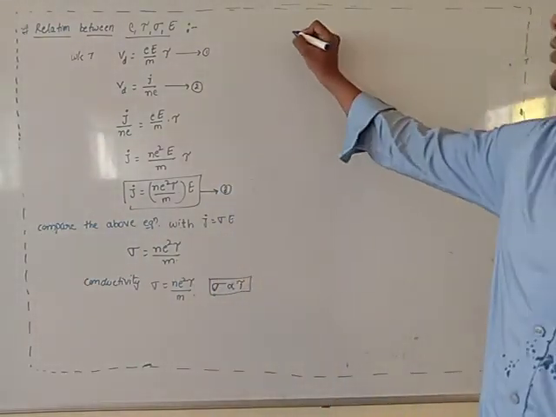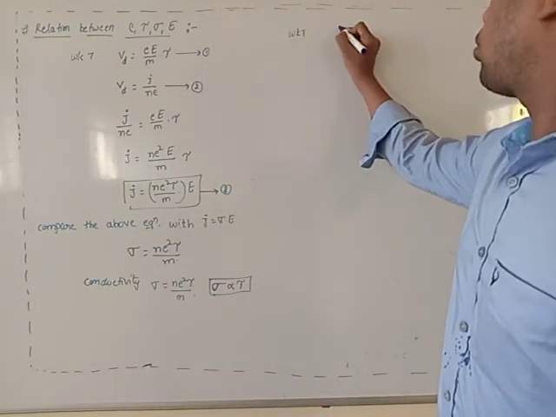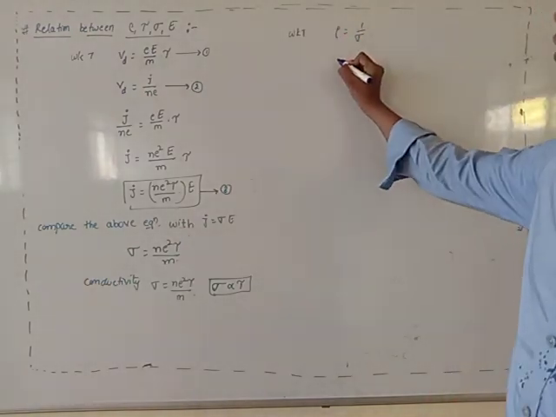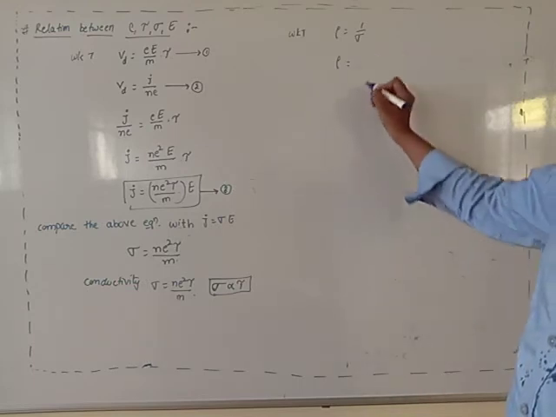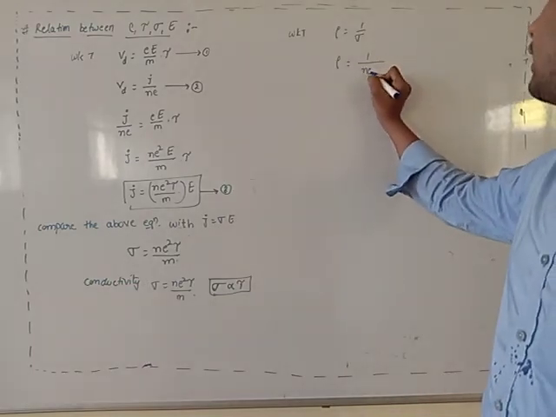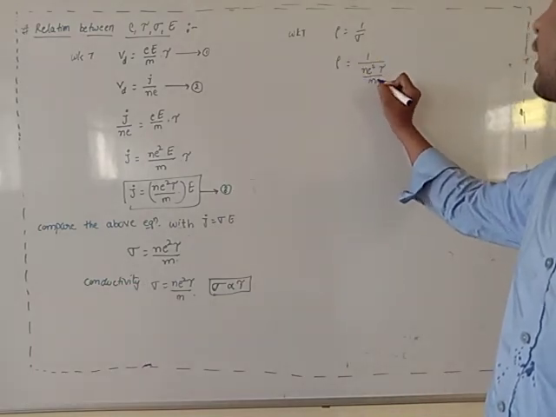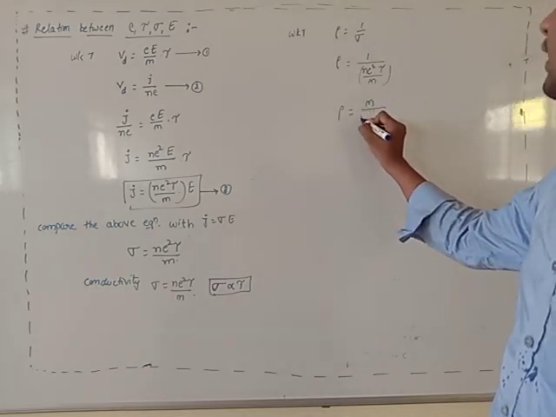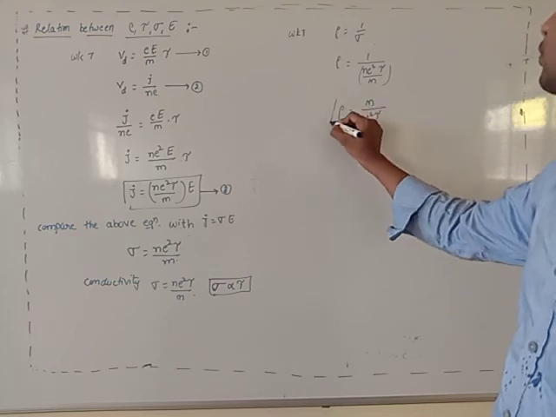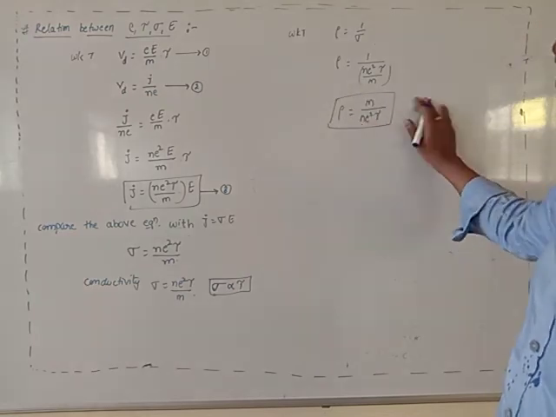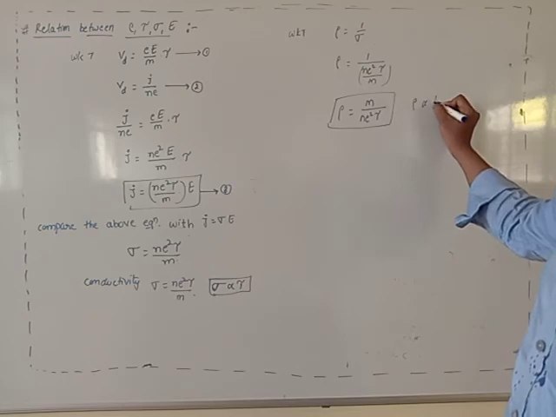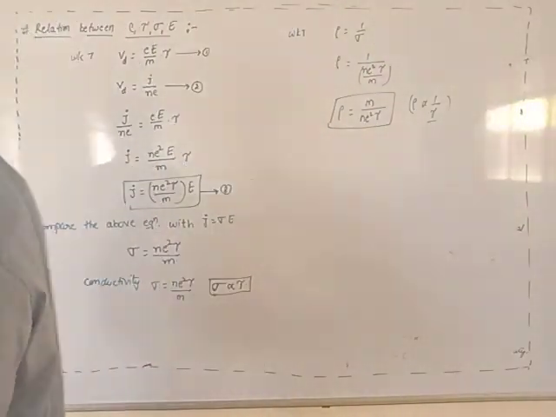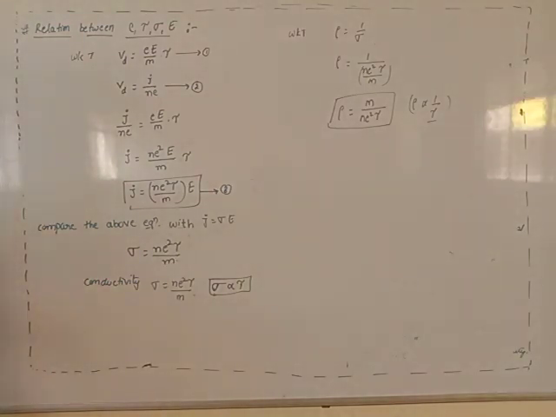Now we know that rho is equal to 1 by sigma. Therefore rho is equal to 1 by sigma, that is 1 by Ne square tau divided by m. Now this m will go to the numerator, then rho is equal to m by Ne square tau. From this equation we can say that rho is inversely proportional to the relaxation time.